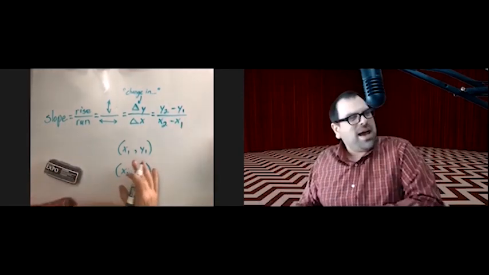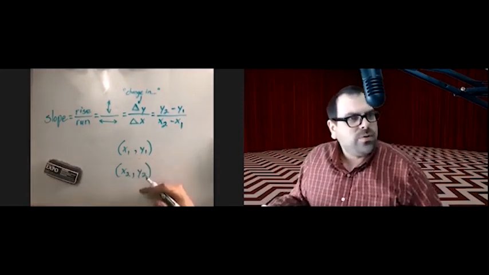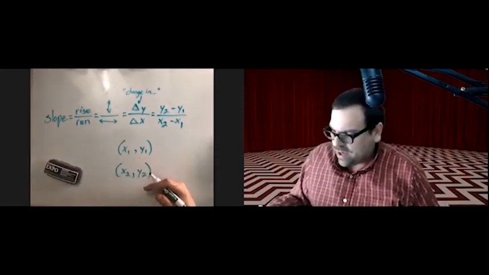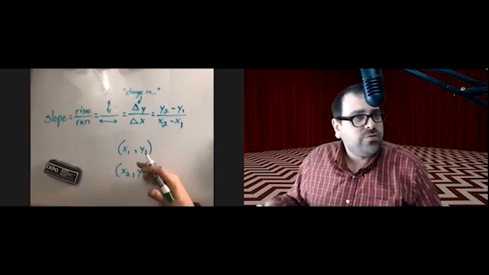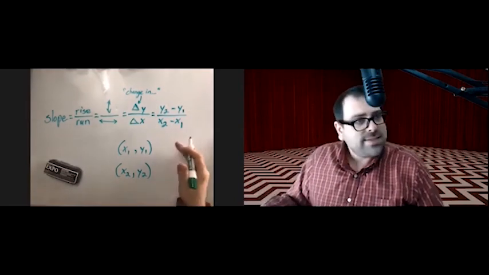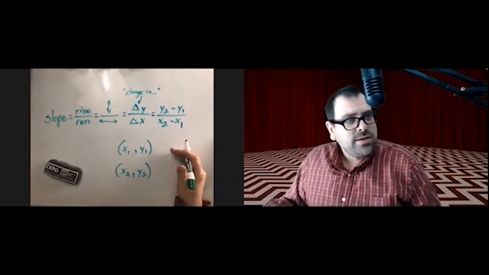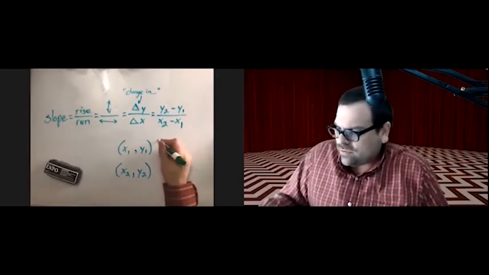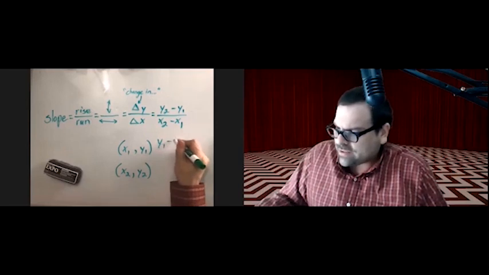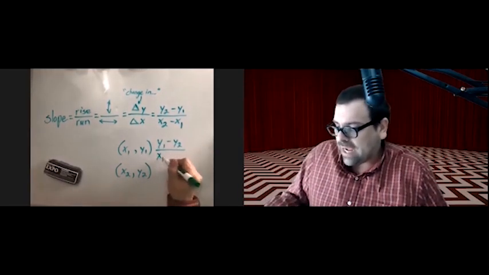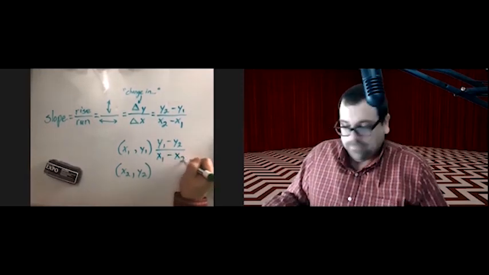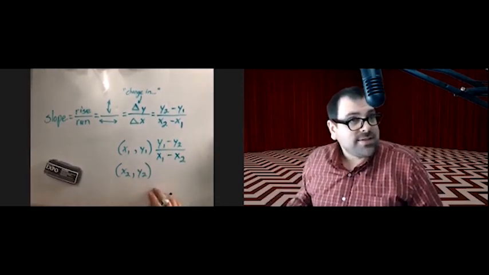And it doesn't really matter if we do one or the other. It's important that whichever one we pick first, we do first for the y's and the x's. So you can do y1 minus y2, but if you did that, the bottom would have to be x1 minus x2.